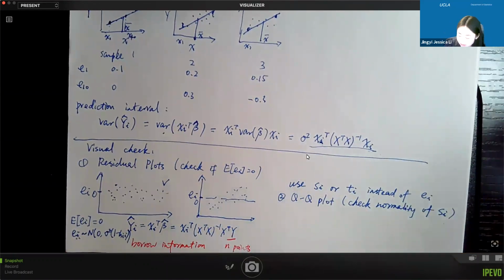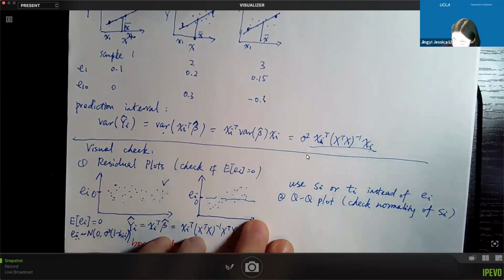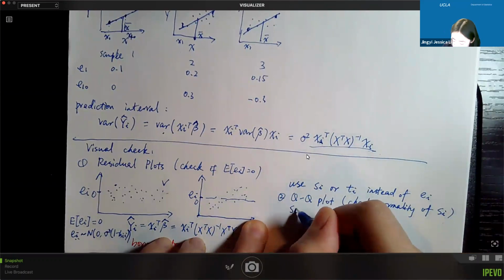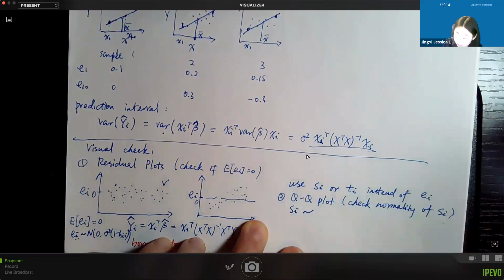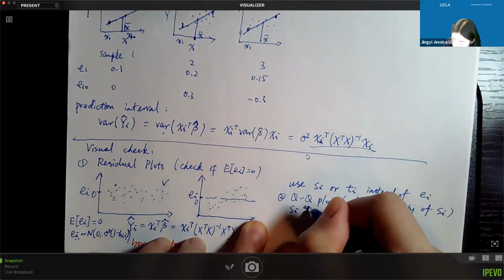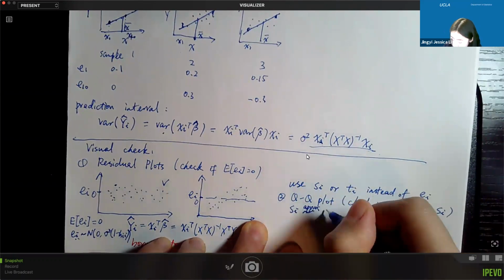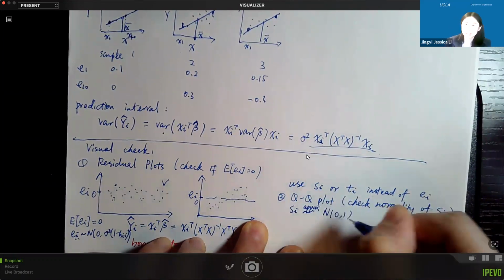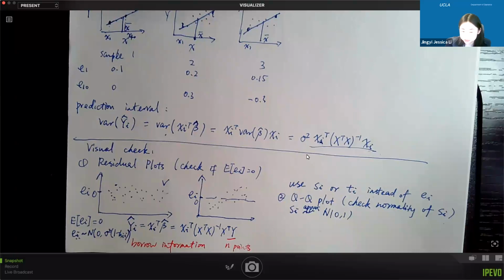Given we have done the standardization, the SI, assuming there are no outliers, will be approximately standard normal, right? That's what we should expect. But is that the case? We can pool the SIs together as S1, S2, up to Sn, and check whether they overall follow a standard normal distribution.